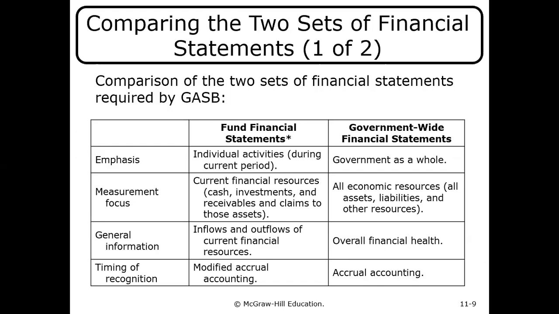Where government-wide, it's all economic resources, all the assets, all the liabilities. When it comes to fund financial statements, the information is telling us the inflows and outflows for this year, for a particular activity. Government-wide, it's looking at the overall financial health of the company. And then the timing and recognition of transactions, modified accrual accounting for fund financial statements, accrual accounting for government-wide.